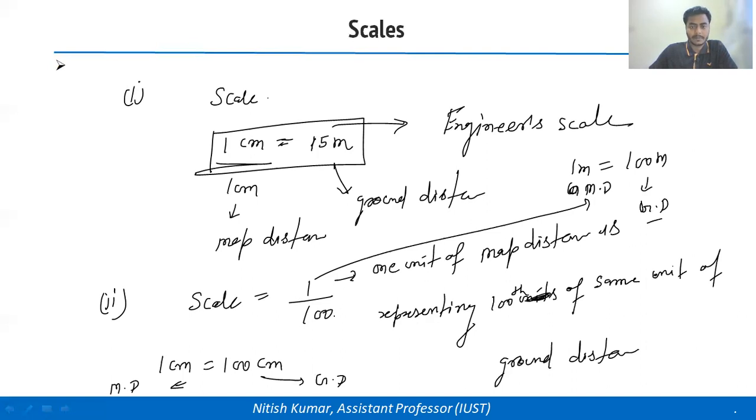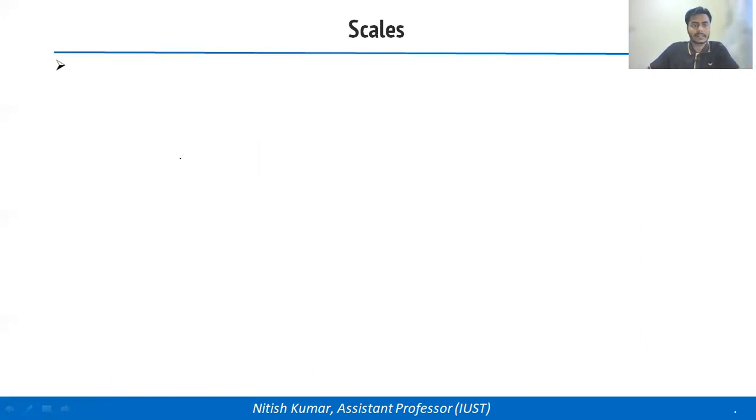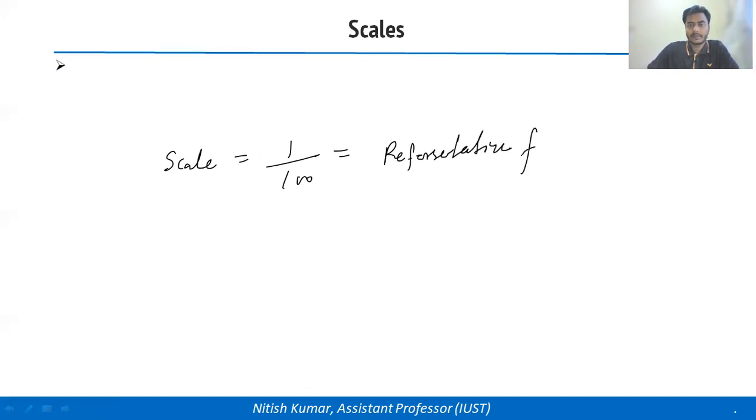When we write a scale like this, that is called representative fraction, but generally we denote it by RF.